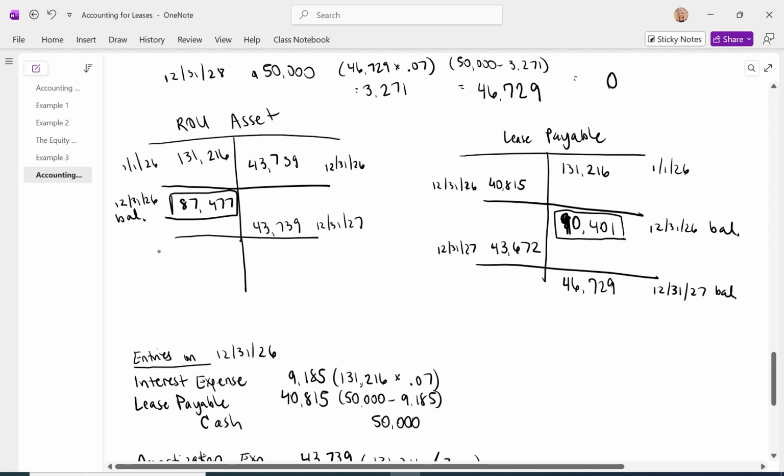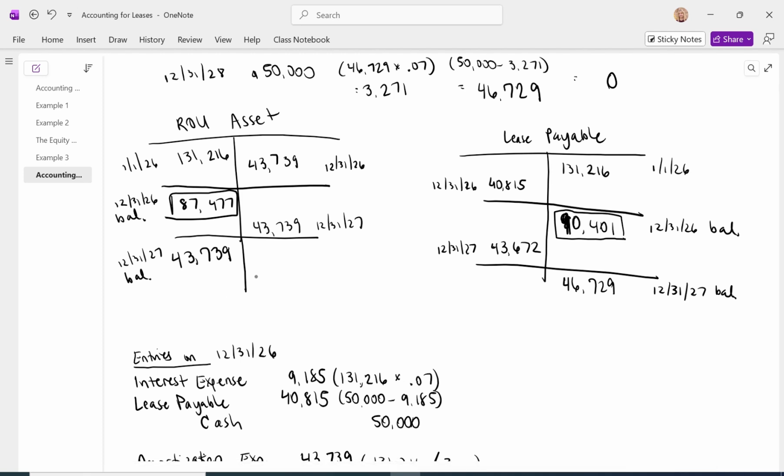And that's going to give me an ending balance, the end of 2027, of 43,739. That's what it should be because this is my last year. I've allocated this total ROU asset evenly across the 3 years. I know what my next year's amortization is going to be, and that's going to get me down to 0.